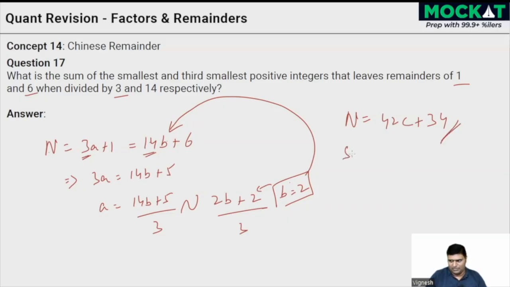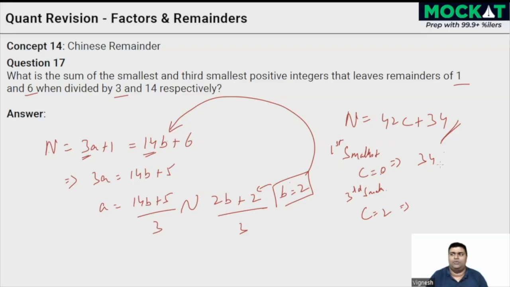What is the smallest number? Smallest is when C equals 0, we're getting 34. Third smallest, right? So smallest and third smallest. This is the first smallest, then we have a second smallest, then we have a third smallest. First is C equals 0, second is C equals 1, third is C equals 2. Plug in C equals 2.